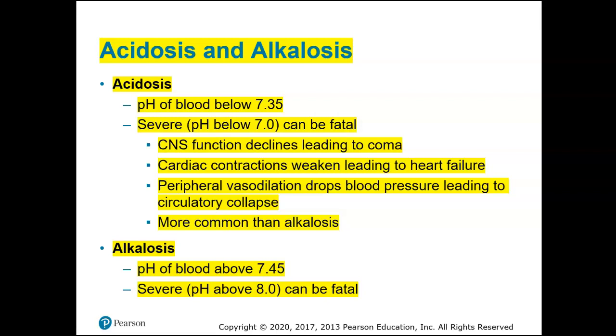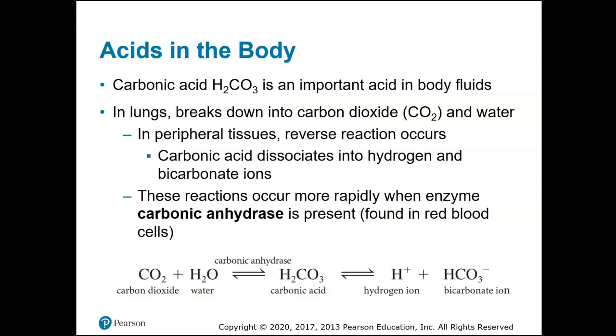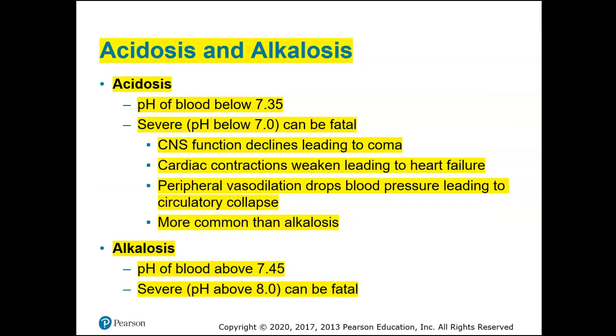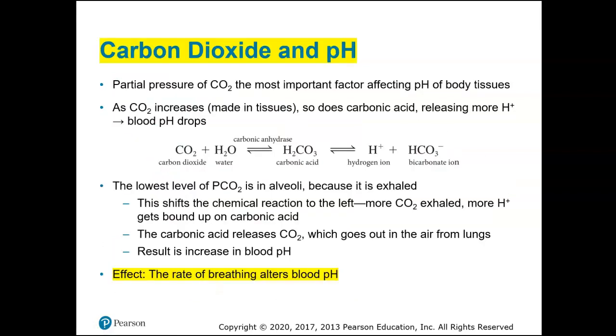When the pH rises above 8, alkalosis can be fatal. Some common things that can cause acidosis and alkalosis: you can have alkalosis if you are vomiting or have really bad diarrhea and become dehydrated, and acidosis, of course, from the high blood sugar.